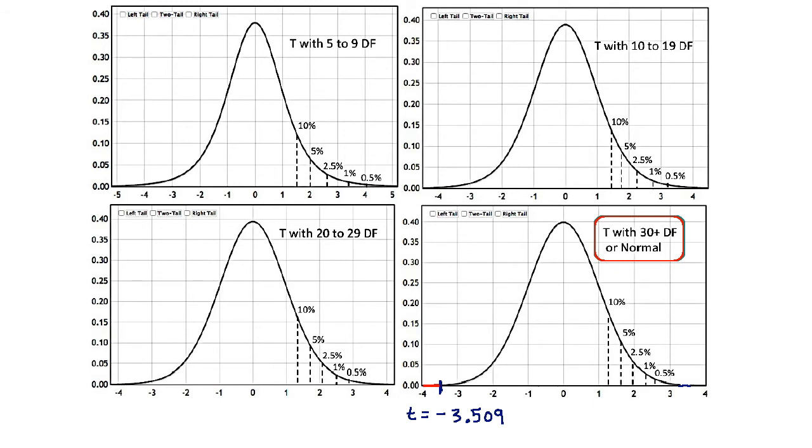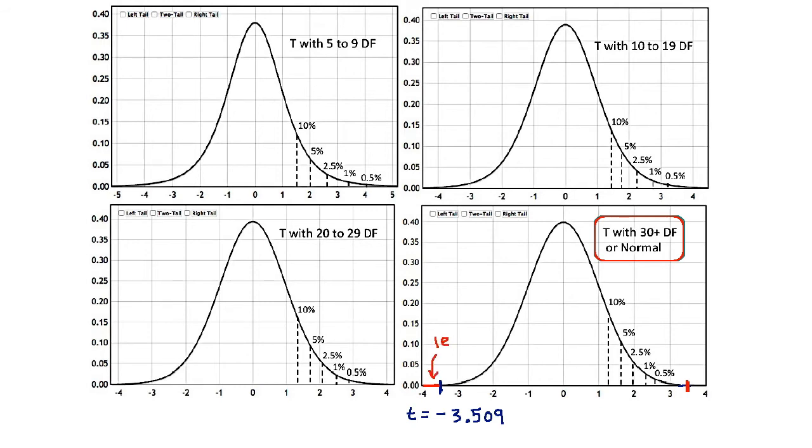At this point I really have to look at the markings on the right tail to try to figure out what my p-value estimate is for the left tail. So I'm going to put a mark here at 3.5 just for my own purposes and see that it is past the mark for 0.5%, and that means that this symmetric tail over here is also less than 0.5%.